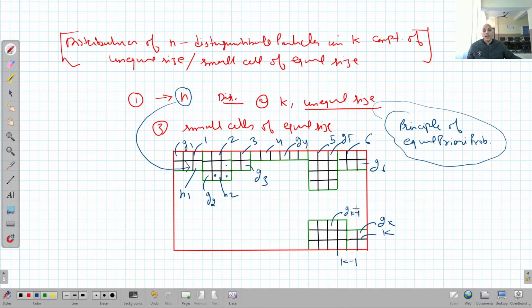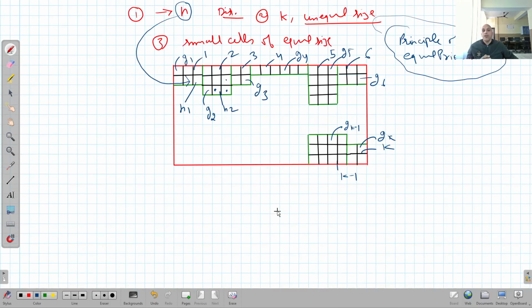Now, what is the ultimate task that we are going to do? We are going to find the thermodynamic probability W for the macro state N1, N2, N3, so on Nk, right? It means we are considering N1 particles in first compartment, N2 particles in second compartment, so on, Nk minus 1 particles in this compartment and Nk particles in this compartment.